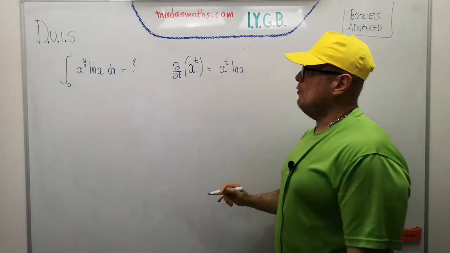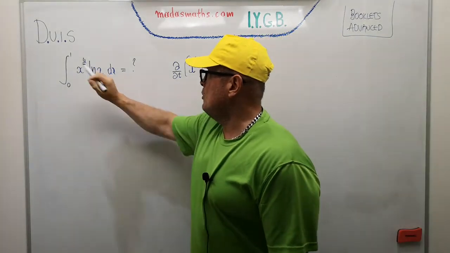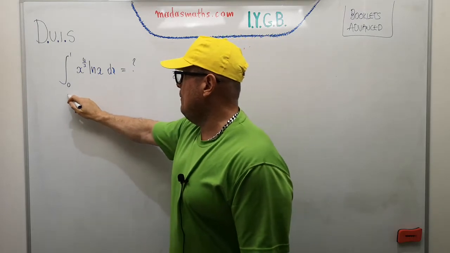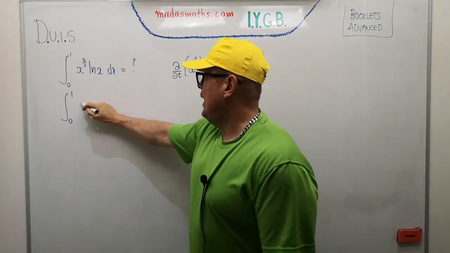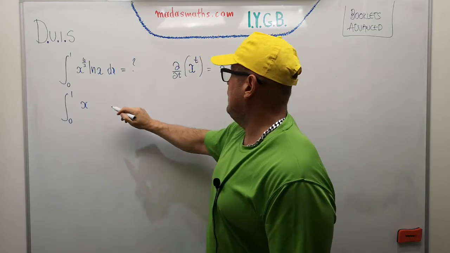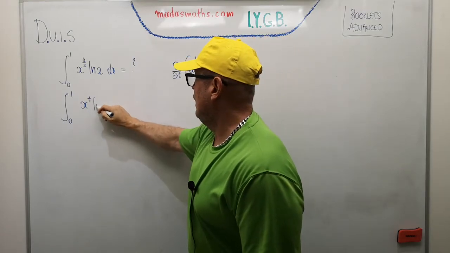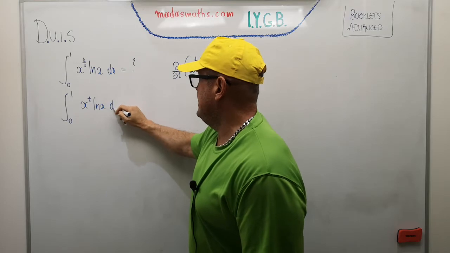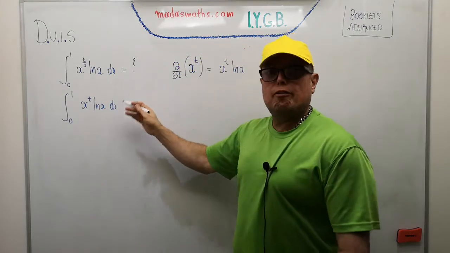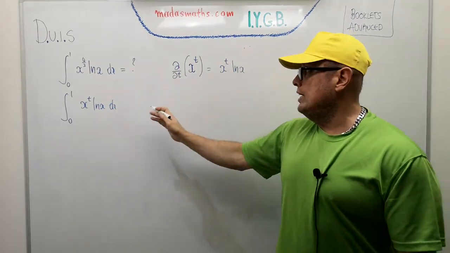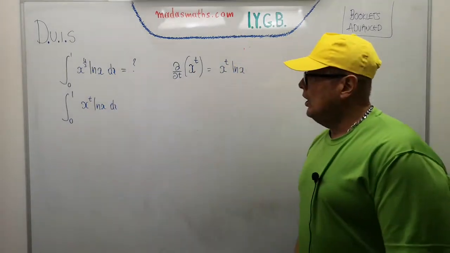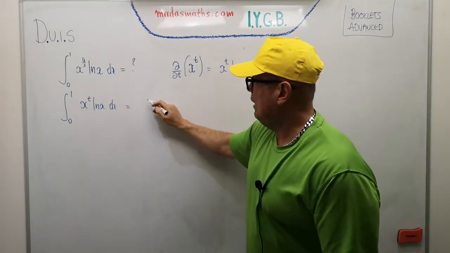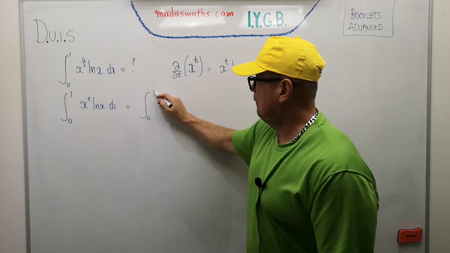So my starting point for something like this, I'm not going to put the 4/3 in. I'm going to say, let's try to integrate from 0 to 1 x to the power of t log of x dx, where of course, if I find the answer to this integral, all I need to do is plug in t equal to 4/3 and I'm done. What's my next step?